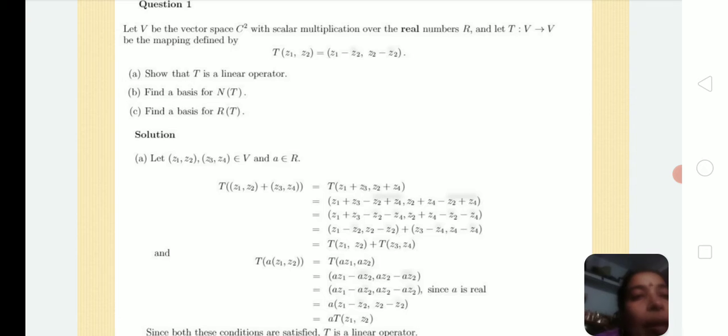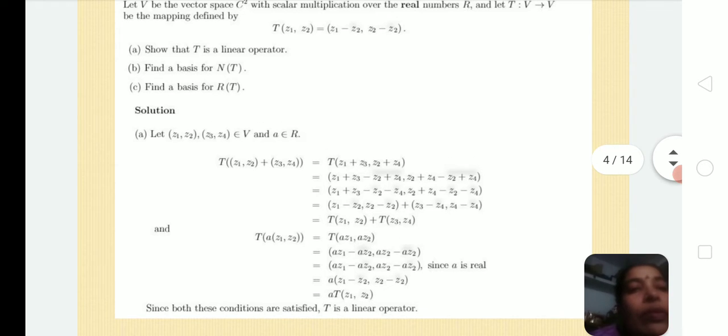Now taking the common term a out, a(z1 - z2, z2 - z2) is equal to a times T(z1, z2). Since both these conditions are satisfied, T is a linear operator.